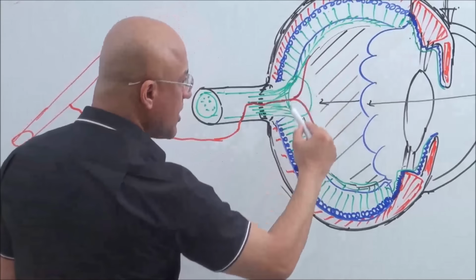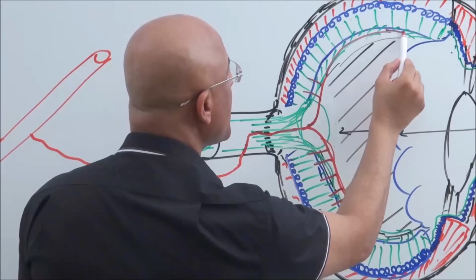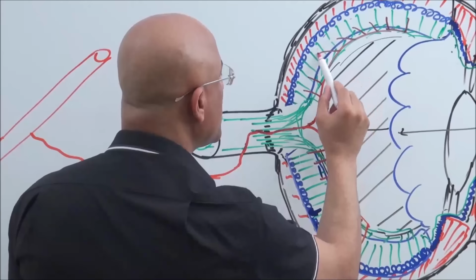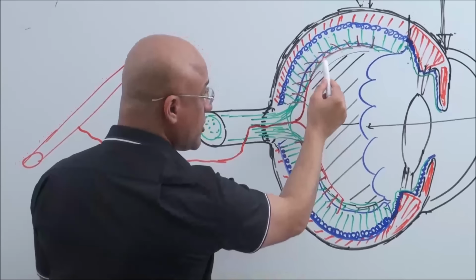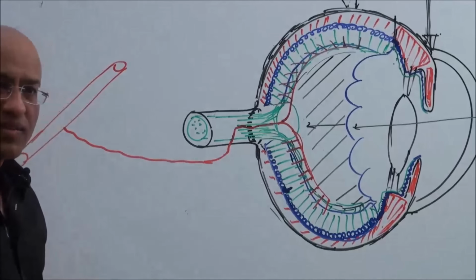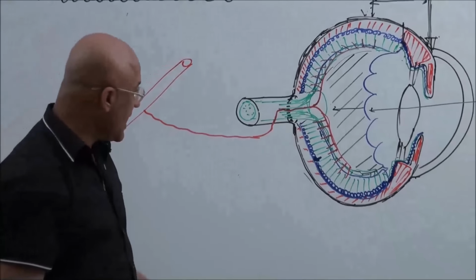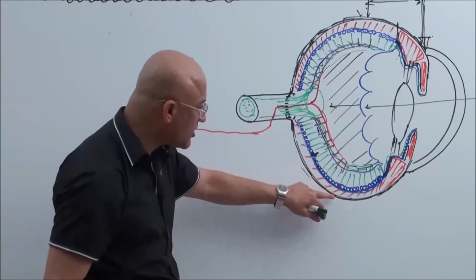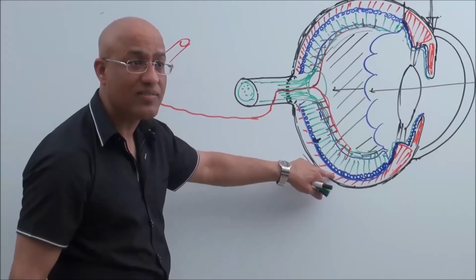Now, central retinal artery branches go here, and from here they are giving branches to the neural tissue of the retina. Which layer of the retina? Neural tissue of the retina. And they are supplying the blood to the inner part of the retina. Am I clear? Yes. And outer part of the retina, it is receiving blood from choriocapillaries.